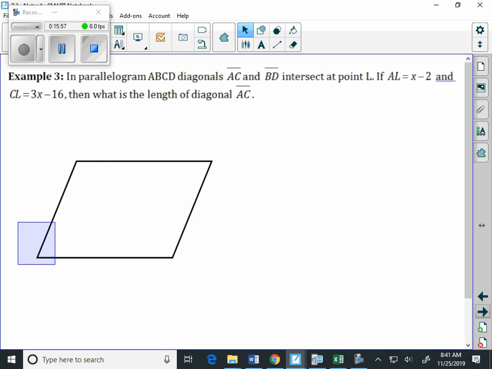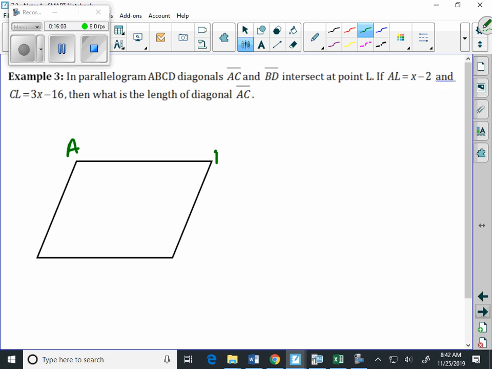So if we label it here, we've got A, B, C, D, and it says AC is diagonal. So let's put in a diagonal here. And then with our other diagonal, this point right here is L.